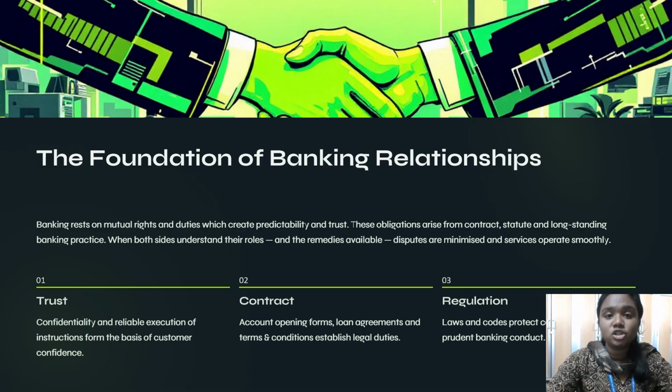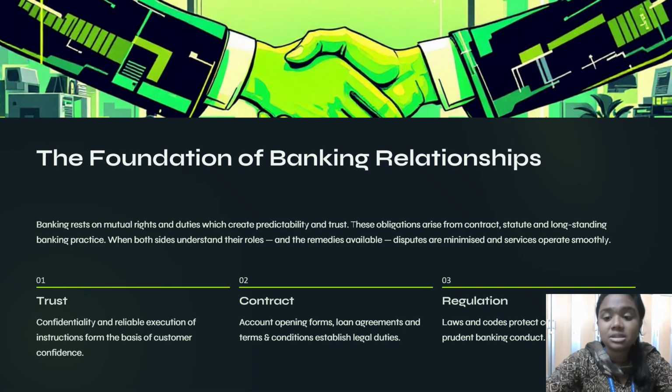The next one is the foundations of the banking relationship. Banking rests on mutual rights and duties which create reliability and trust. These obligations arise from contract and long-standing banking practices, so both sides understand their roles, and they are divided into three types.